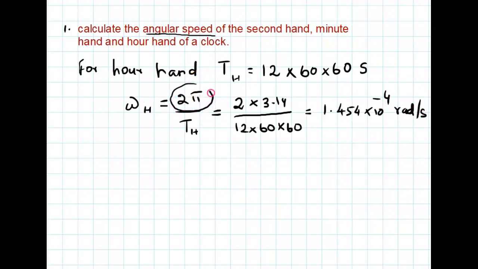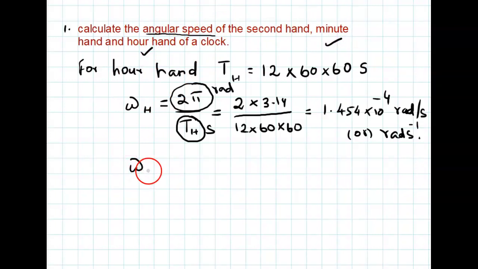The unit of 2 pi is radian and the unit of time period is second, so radian per second. Now we found it for the hour hand. Now we can find it for the minute hand. Omega for the minute hand is equal to 2 pi by the time period of the minute hand.